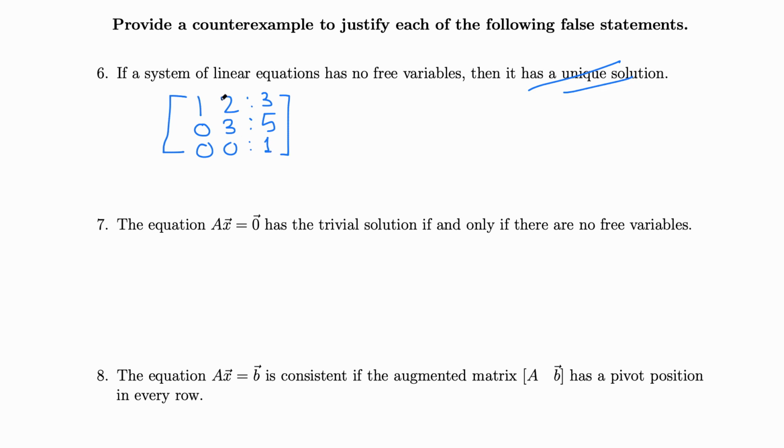So there are no free variables. Okay, for both columns we got pivots, but due to the last row, no solution. I mean, this would be true if the system was consistent.